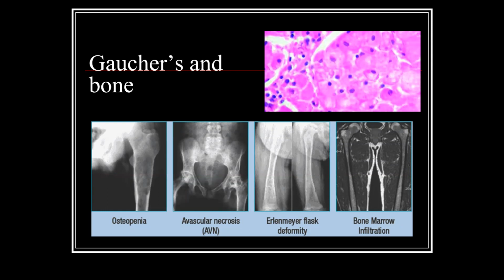This is the so-called Erlenmeyer flask deformity. Not that very many people nowadays would know what an Erlenmeyer flask looks like. And you get this very infiltrated pattern in the marrow, where you can see there's a change in the marrow characteristic here, up here as well.